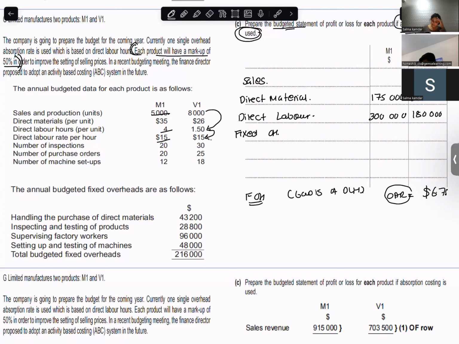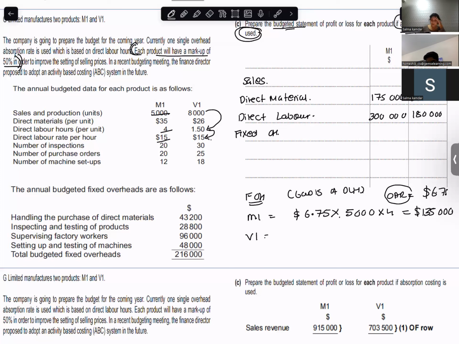So fixed overheads for M1 would be the overhead absorption rate into the labor hours, into 5,000 into 4. So it will become $135,000.